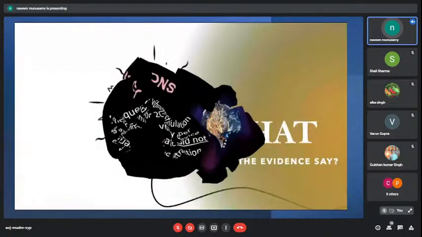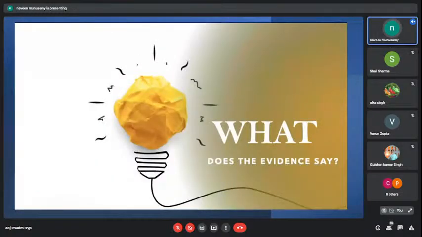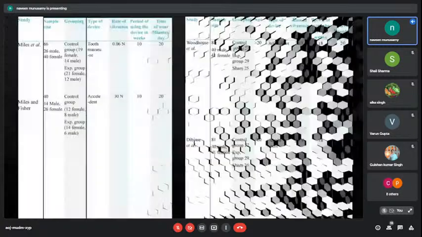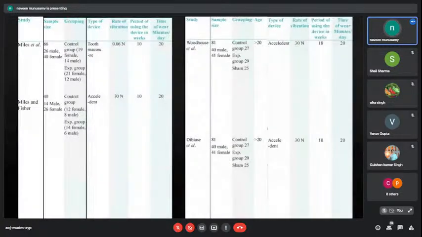So what does the evidence say? This is again a very good meta-analysis which was done on the effectiveness of various vibrational devices. What I am trying to tell is that presently most of the research coming out on accelerated orthodontic movement has no consensus and no specific methodology.